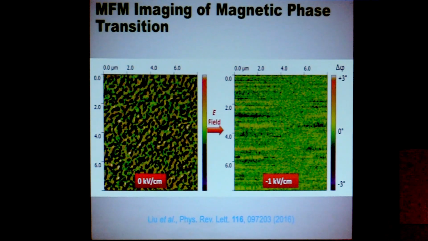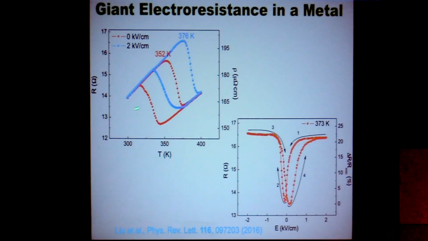In this kind of multiferroic heterostructure, if we look at the transport curve first, the iridium has a first order magnetic phase transition.